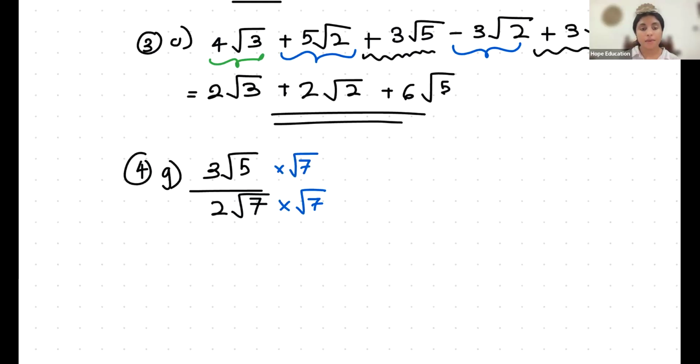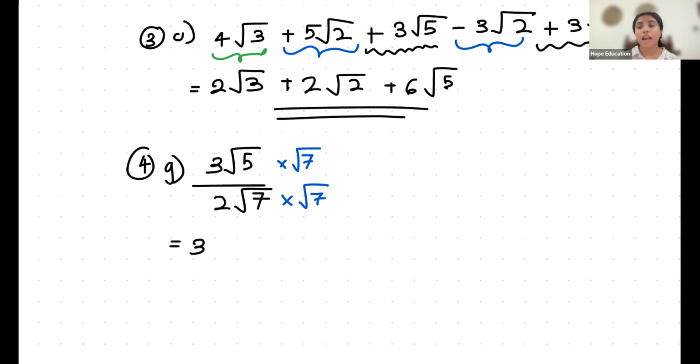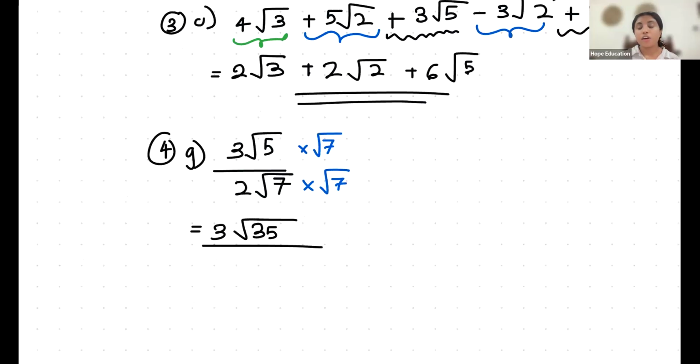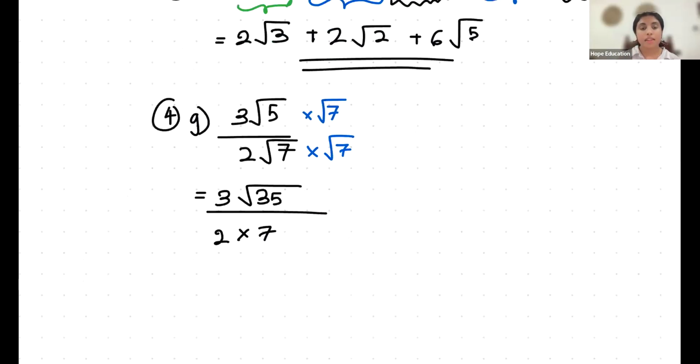So I have 3, here 5 times 7 is 35. Then here 2, root 7 multiplied by root 7 is root 49. Root of 49 is 7. So I can directly write it as 7. That would be 3 root 35.